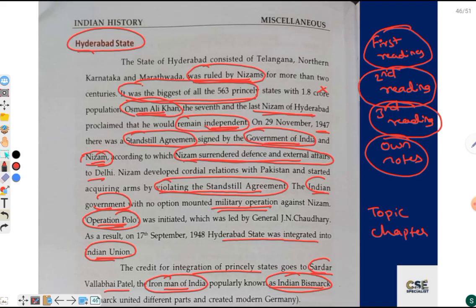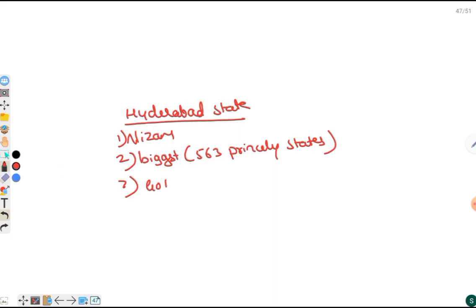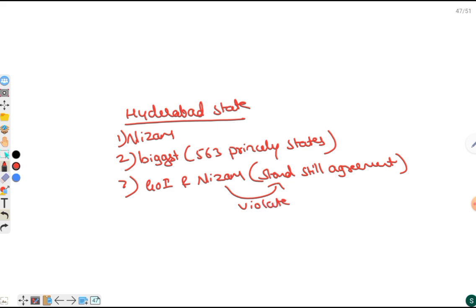Third point, Government of India and Nizam standstill agreement. Violated by Nizam. Hence the Government of India launched a military operation called Operation Polo.